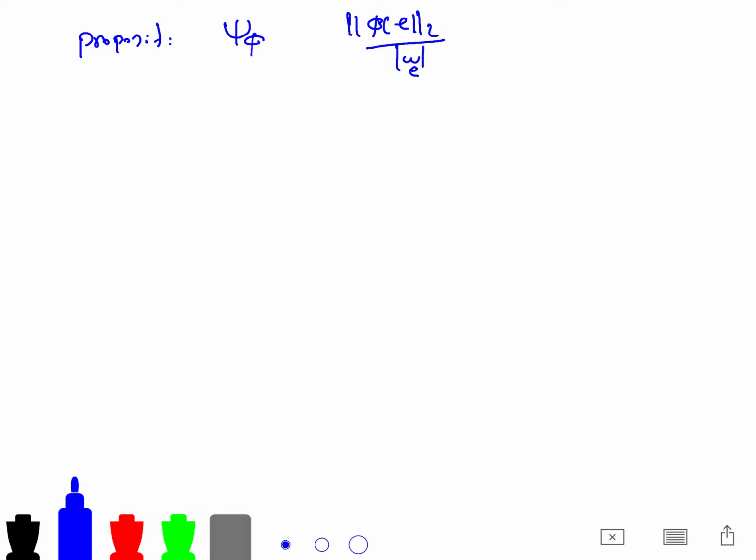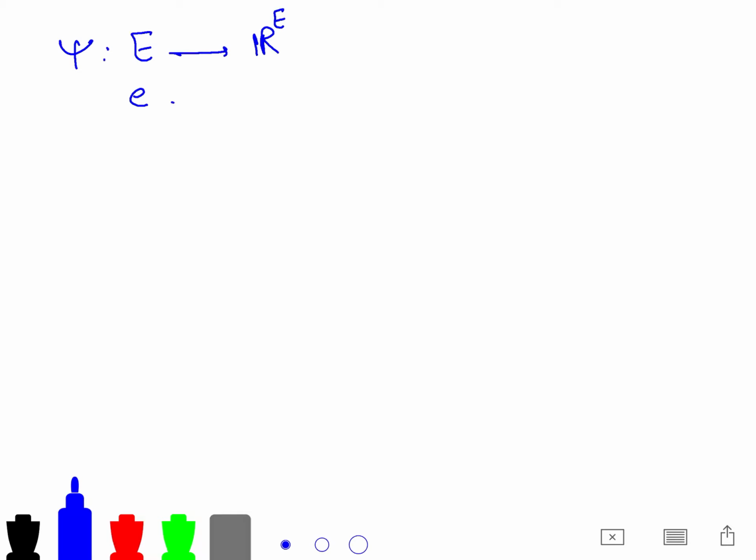The first choice for the definition of psi is that each edge e goes to w of e times u of e, because you want to map it into Euclidean space.